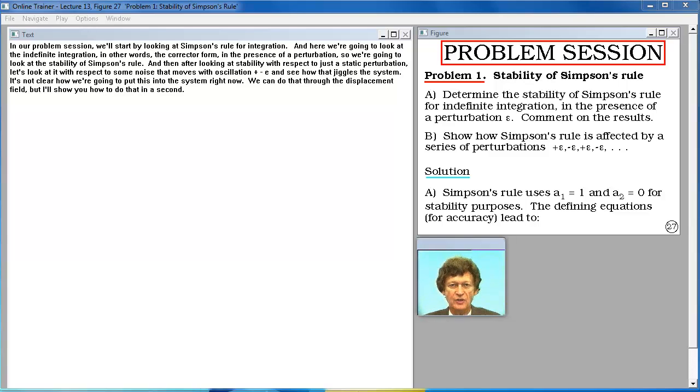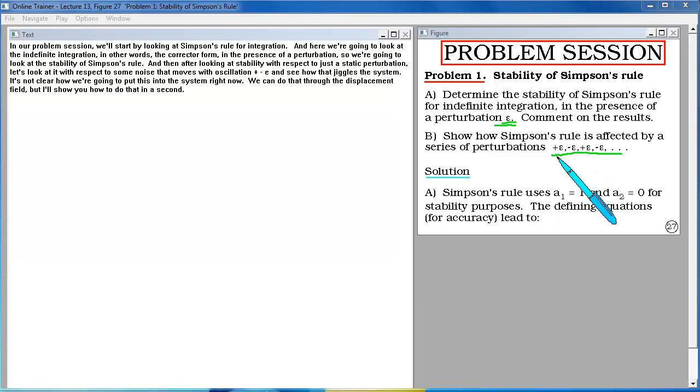In our problem session, we'll start by looking at Simpson's rule for integration. And here we're going to look at the indefinite integration, in other words, the corrector form, in the presence of a perturbation. So we're going to look at the stability of Simpson's rule. And then, after looking at stability with respect to just a static perturbation, let's look at it with respect to some noise that moves with oscillation plus or minus E and see how that jiggles the system.